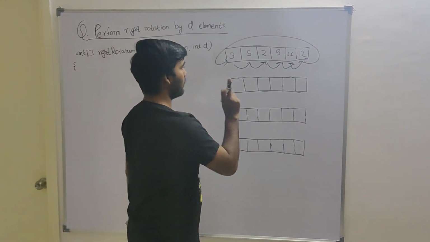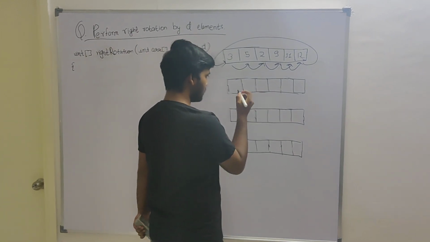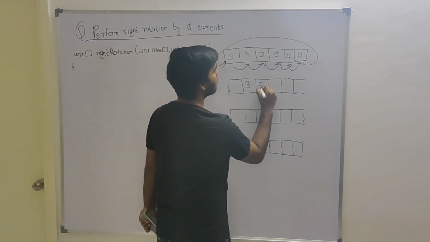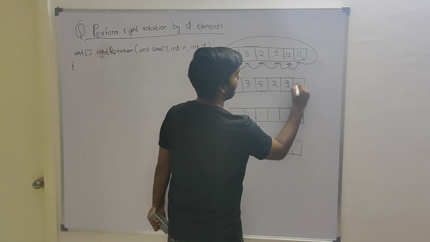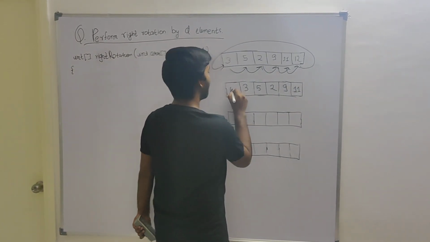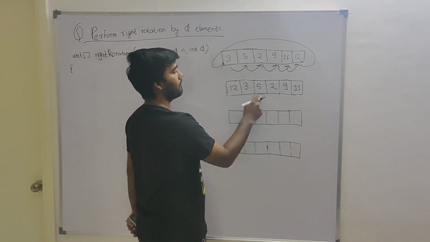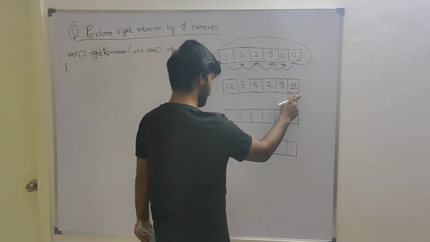So after performing one right rotation, the outcome will be 12, 3, 5, 2, 9 and 11.